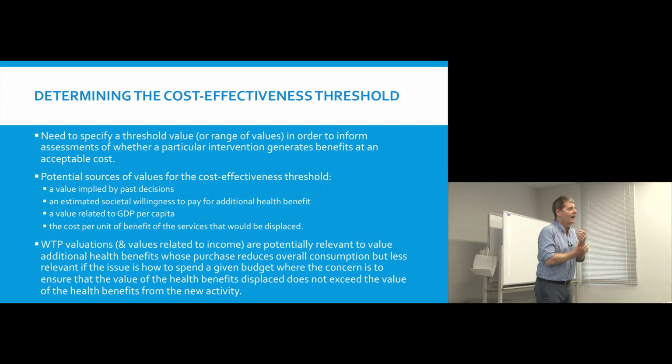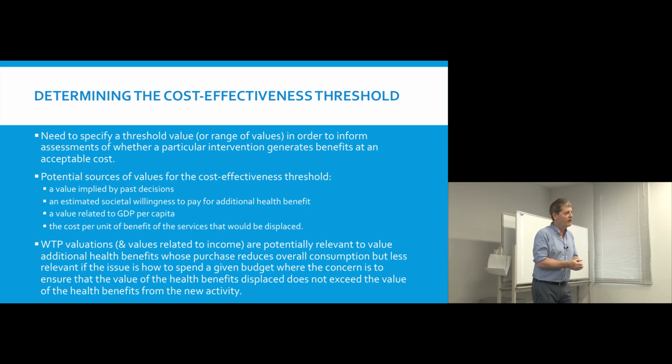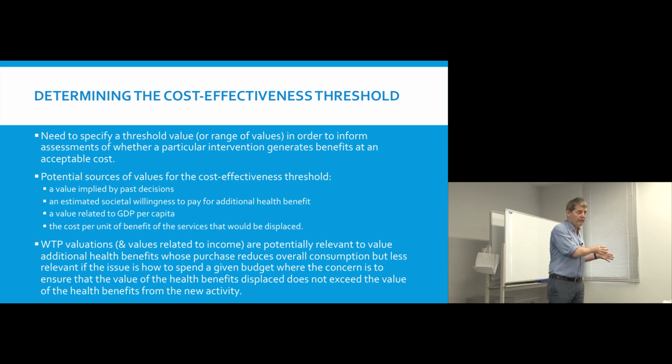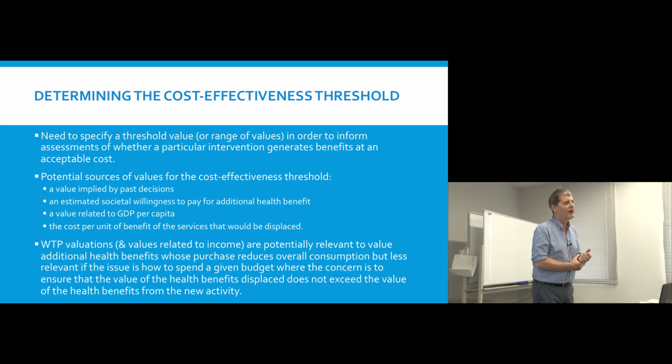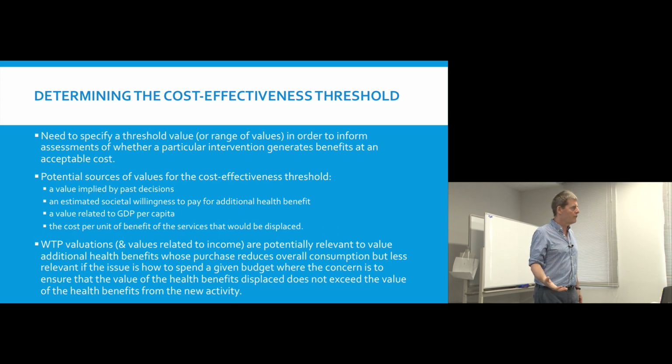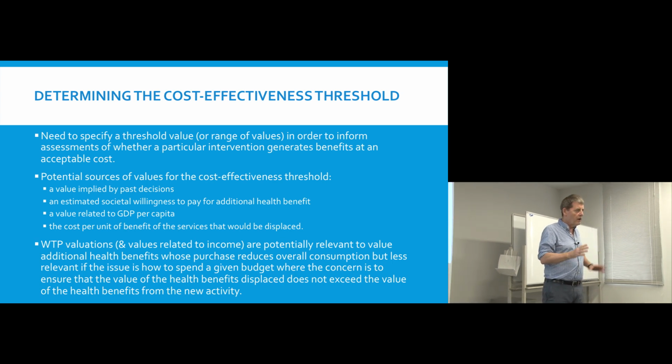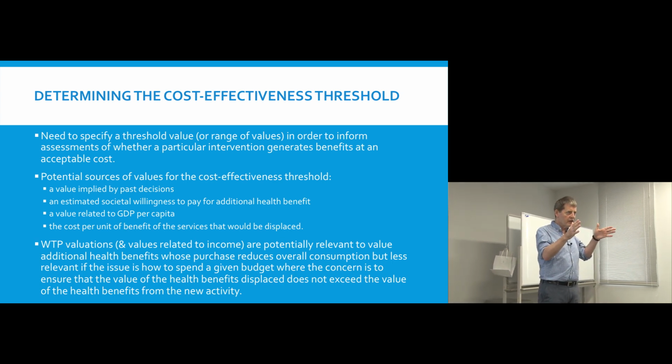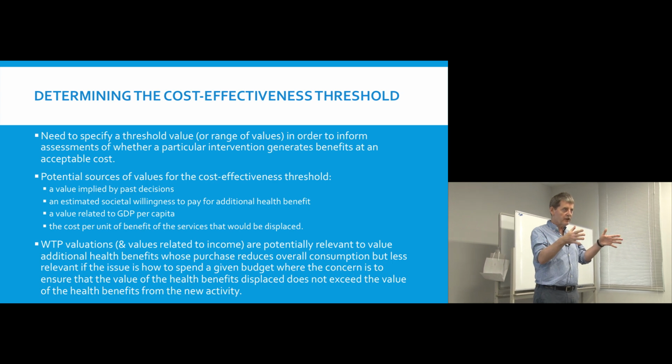Now, obviously, governments can decide to increase taxation, or governments can decide to spend less on roads and defence and education and more on health. And from time to time, they do make that decision. But at any point in time, if we're considering some new treatment or some new public health programme or whatever, we are making that decision with respect to a fixed budget.